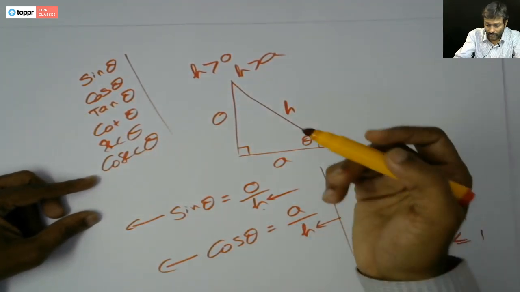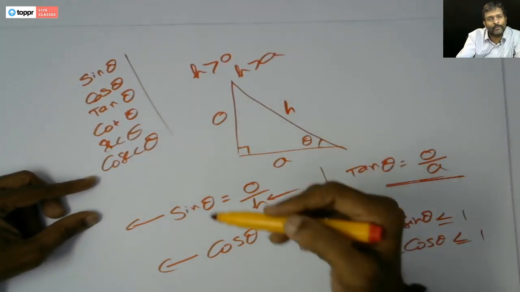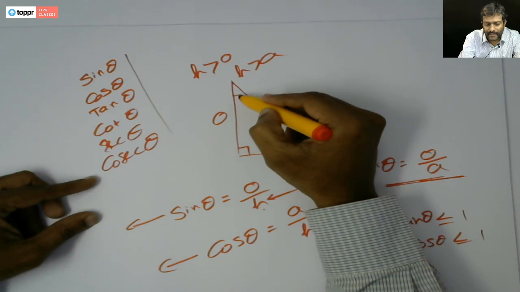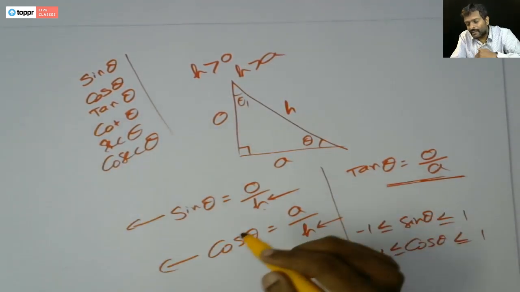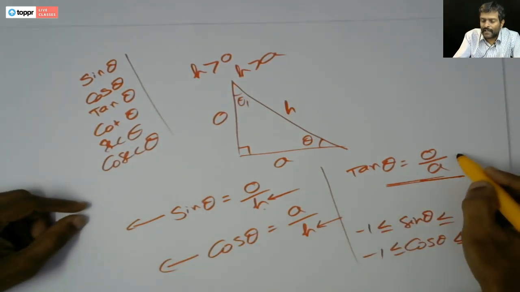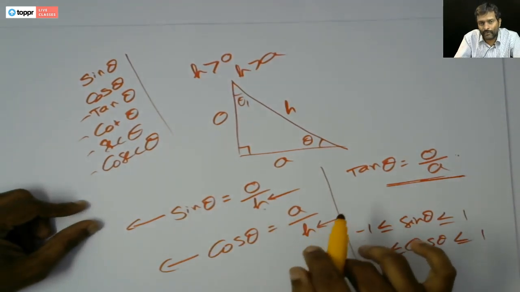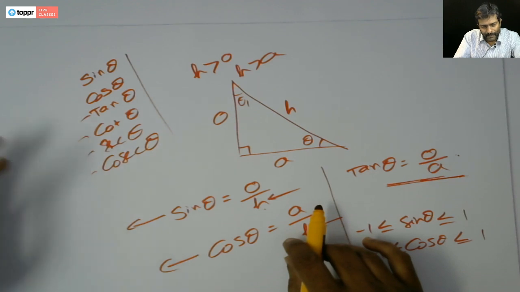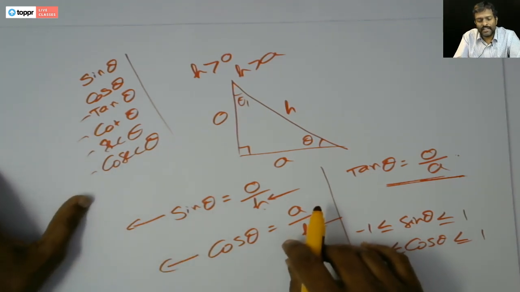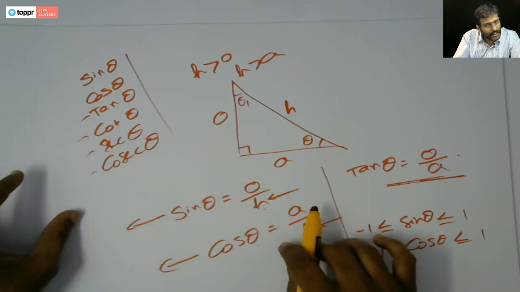If the adjacent side is longer than the opposite side, and I consider an angle theta 1 here, then tan theta 1 will be bigger than 1. So these values have no boundaries. Tan, cot, sec and cosec are not bounded, they have infinite values, from negative infinity to positive infinity. So the only bounded values in trigonometry are sine and cos.